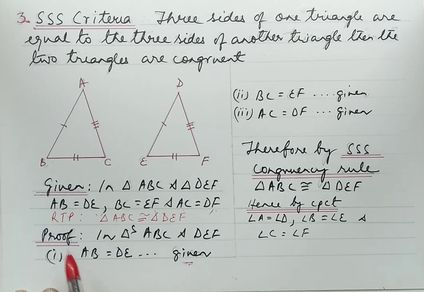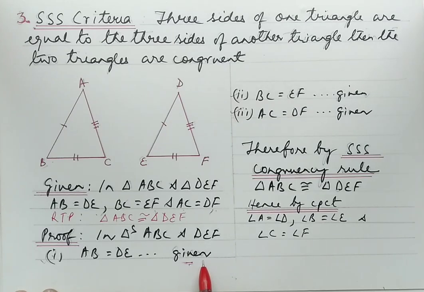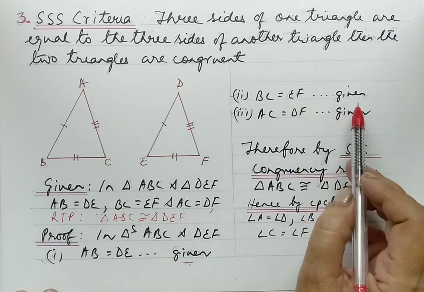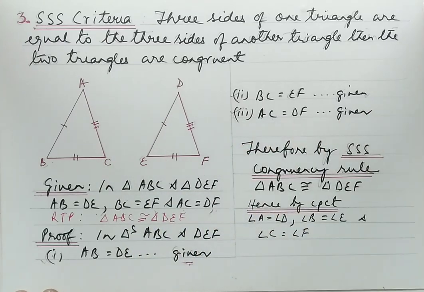Then comes the step of proof, and that brings in three statements with the reason why you claim them to be equal. AB equals to DE because it's given, BC equals to EF, as it is laid down for us, and AC equals to DF, right.